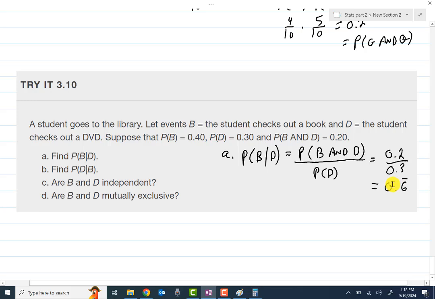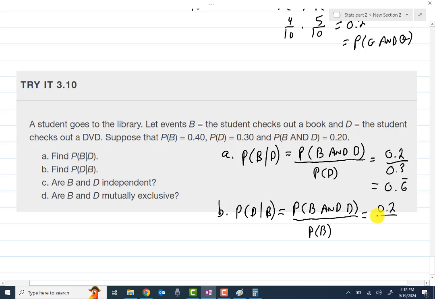Well, you see, obviously B and D are not independent, because this is not the same probability as B. Similarly, if I do the other way, the probability of D, given that B already happened, is the probability of B and D again, divided by the probability of B. So now we have the probability of B and D is still 0.2.